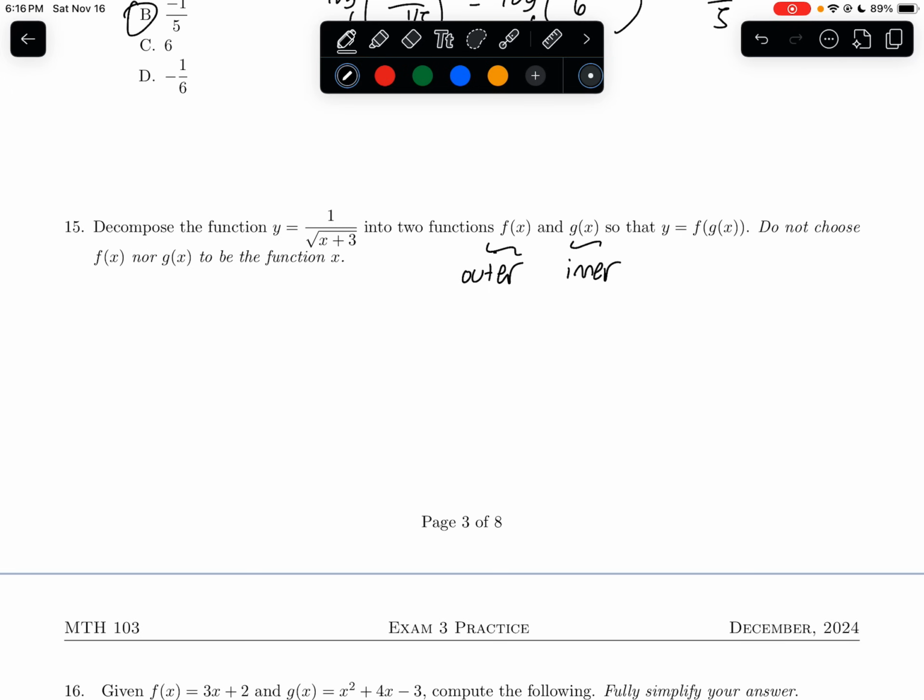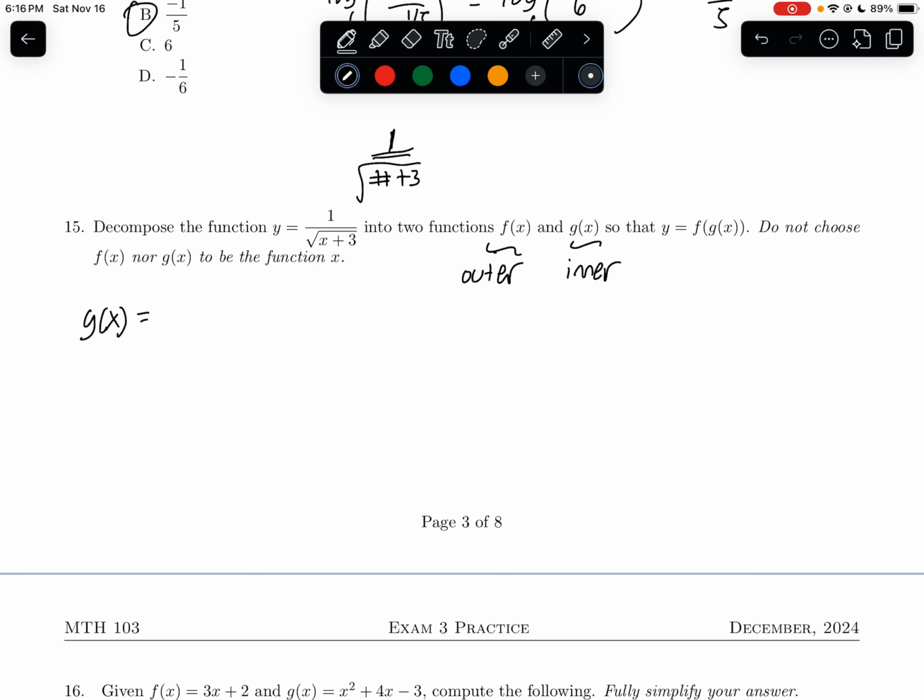So I look at the function and I can think the inner function g is what you should determine first. But you can think about it as what do you do when you plug in numbers to the function? Well, if I want to evaluate this at a number, I would put in some number here, and I would then add 3 to it, and then I would take the square root, and then I would do 1 over the number.